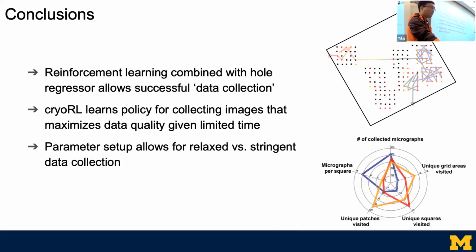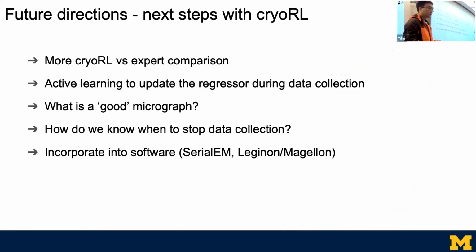screening session. Some future directions: we plan to do more cryo-RL versus expert comparisons to have more data points. Another part is active learning to update the regressor during data collection, because as we collect data, we learn more about the data quality relationship between the square level and the hole level images.